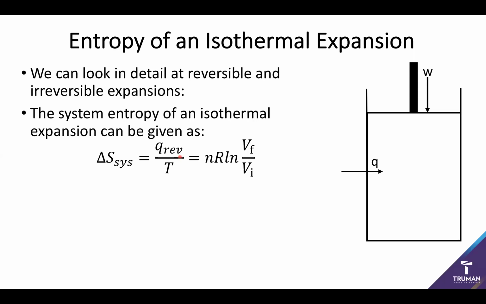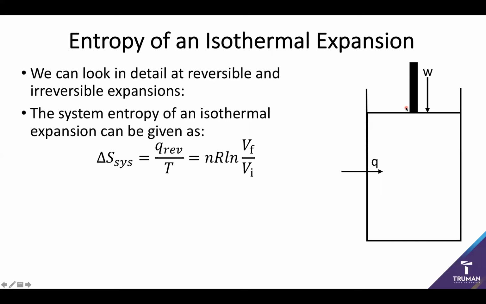the reversible heat of the isothermal expansion of a system is actually fairly straightforward, as we already proved it to be given by nRT ln of the ratio of the final over initial volume. So when we turn this into an entropy-driven expression, the T's just cancel out, and we actually have a fairly nice description of the entropy increasing or decreasing with an expansion or compression.